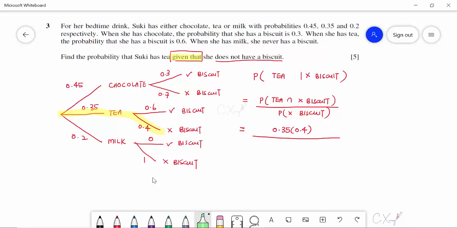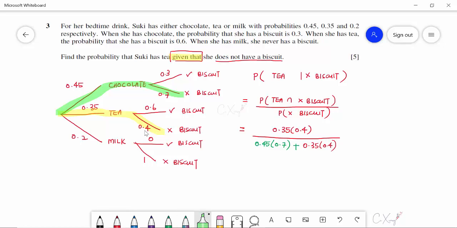The first outcome is this one, having chocolate and not having biscuit. So the probability here should be 0.45 multiplied with 0.7. Then plus the second line, which will be tea and not having biscuit, which is 0.35 multiplied with 0.4.